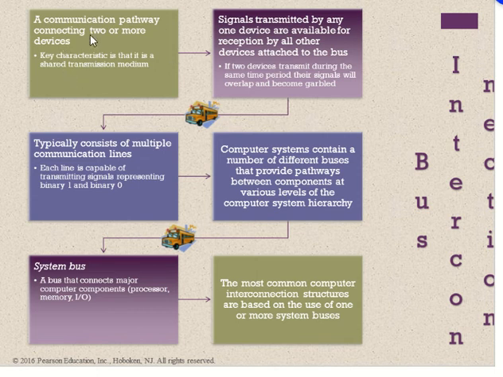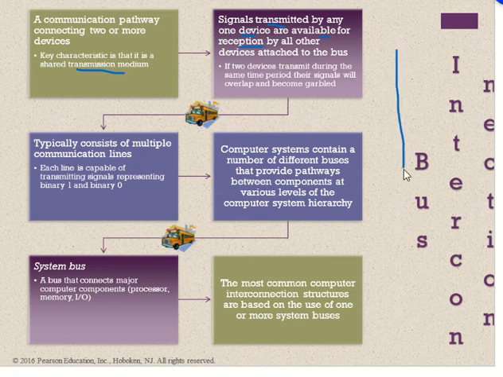Actually, a bus is a communication pathway connecting two or more devices. That is what you call a transmission medium, because this medium, the bus, communicates between two or more devices. It sends data from here to there or from there to here. The signals transmitted by any one device are available for reception by all the devices.